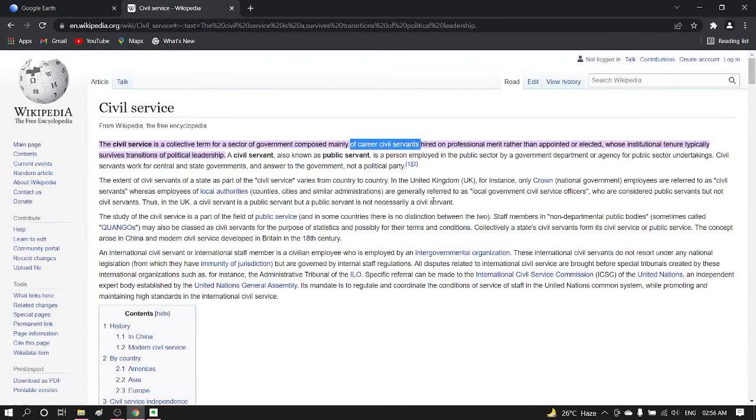They are composed mainly of career civil servants hired on professional merit. They are selected on the basis of their merit rather than appointed or elected. They are not elected by the people, they are not politicians, whose institutional tenure typically survives transitions of political leadership.